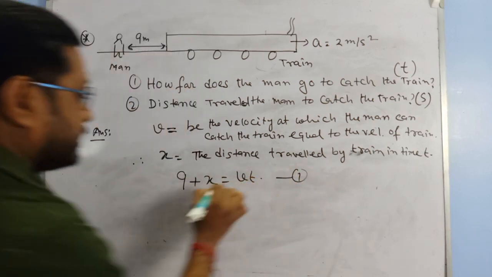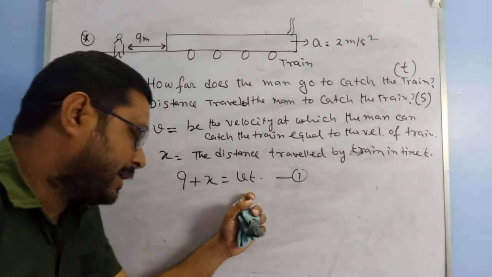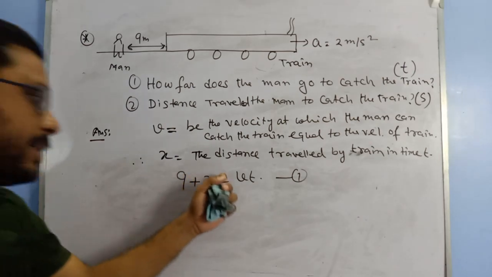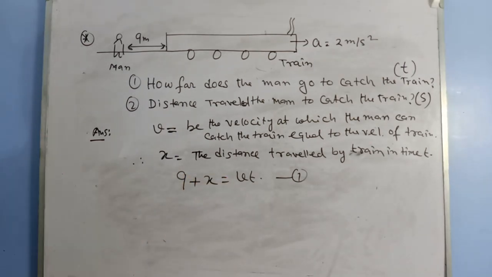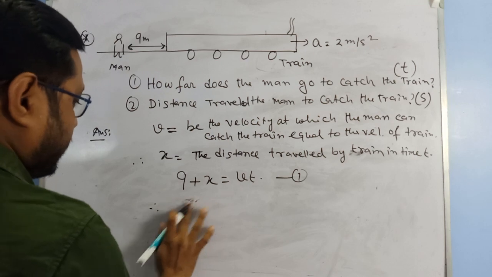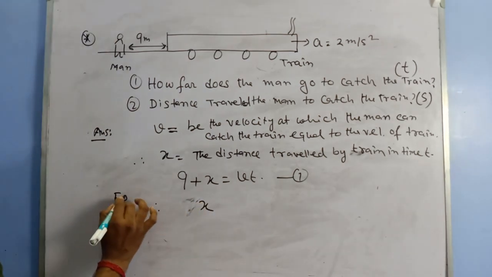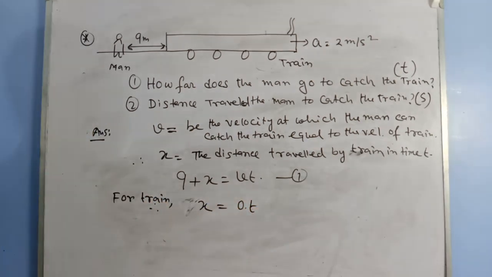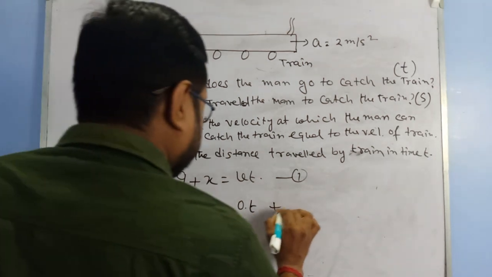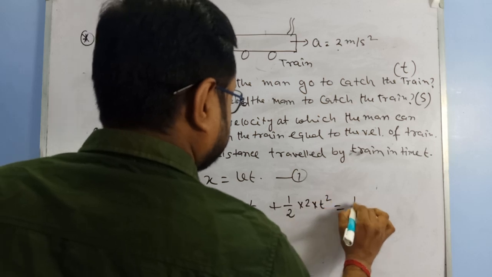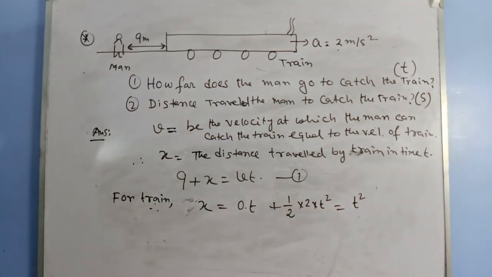Okay, vt is the distance travelled by the man in time t, and in the meantime the distance travelled by the train is x, so the man covers 9 plus x. Now again we can write that for the train, x equal to 0 into t, as the initial velocity of the train is 0, plus half into 2 into t square, that is t square equal to x.